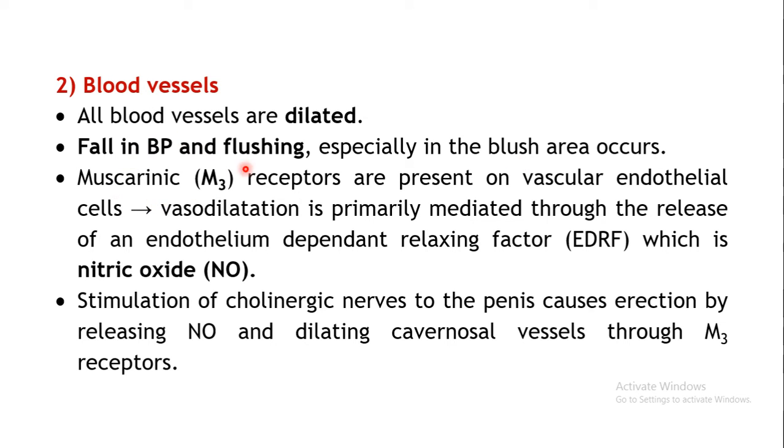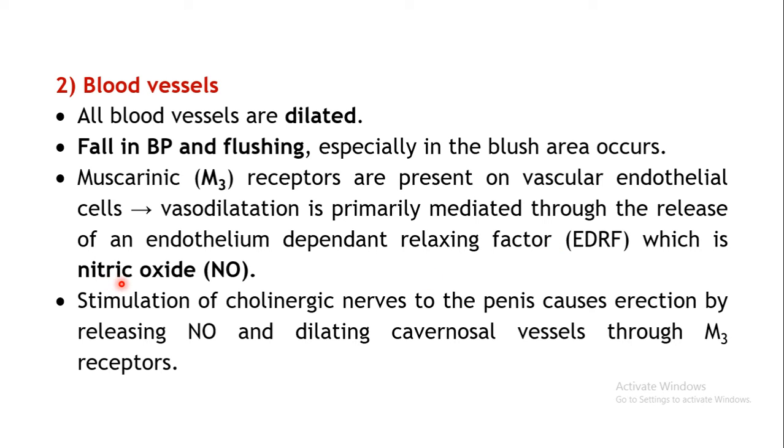Then the types of receptors which are involved, these include M3 receptors, as we have seen under the table also. Okay, so here how it acts: by stimulating these M3 receptors located in the endothelial cells, it will result in the release of this EDRF, that is endothelium dependent relaxing factor. Now what is this endothelium dependent relaxing factor?